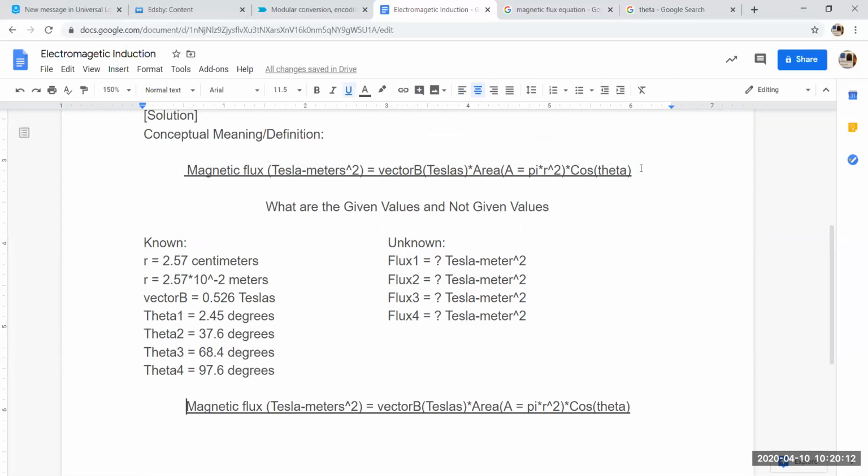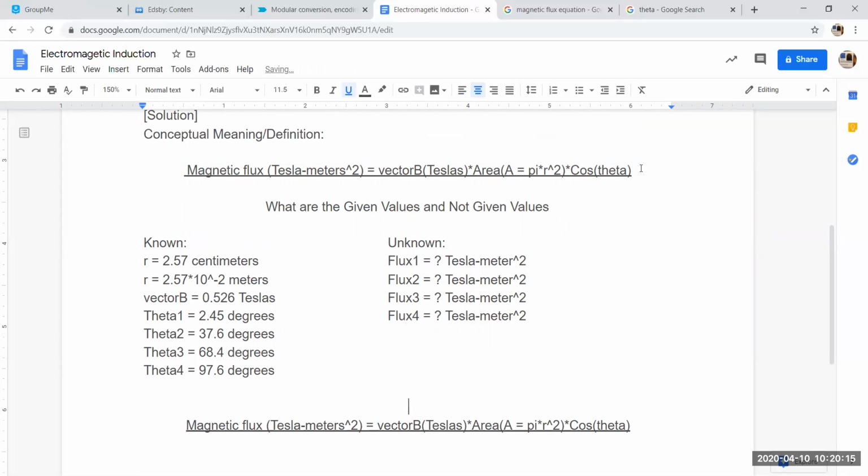This is going to be flux, which is in Tesla meters, right? We'll leave that there so you understand it. Vector B is fine, that's what it is. Okay, area is assumed to be that, right? And let's go through it.